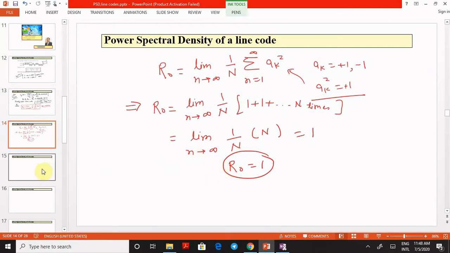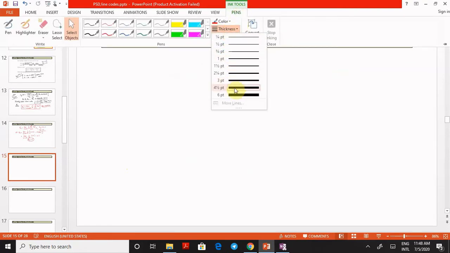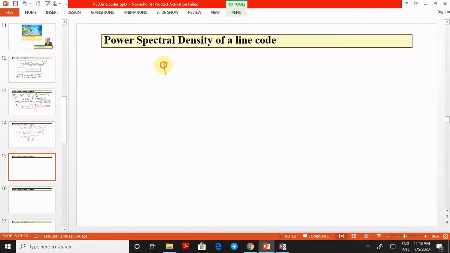Now we have to find out the value of R1. So to get the value of R1, what we have to do? We have to again write down the formula for R1. So R1 was limit n tending towards infinity 1 upon n summation of ak into ak plus 1.